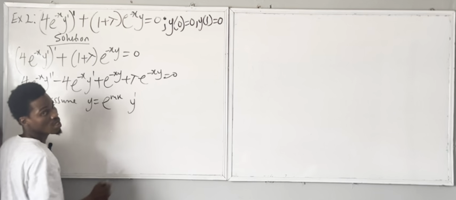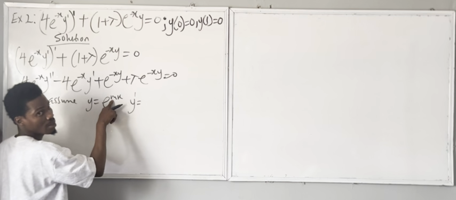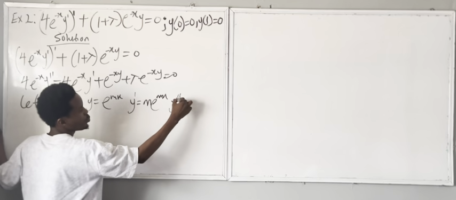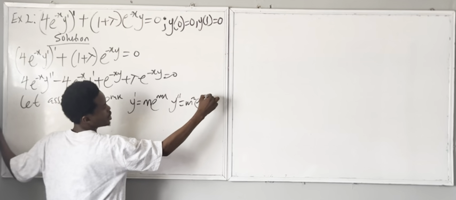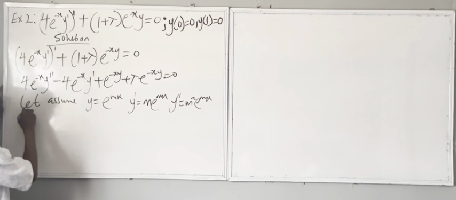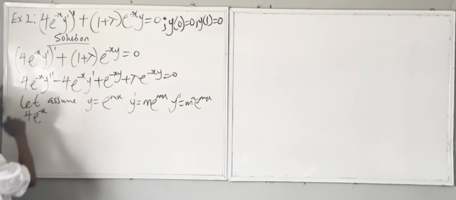If I differentiate this with respect to x, I'm going to have 1 times m multiplying this, so m exponential mx. If I have y double prime, I'm going to have m squared exponential mx. So whenever I see y double prime, I'm going to plug in this. So I'm going to have 4 exponential minus x, then we have exponential minus x already.